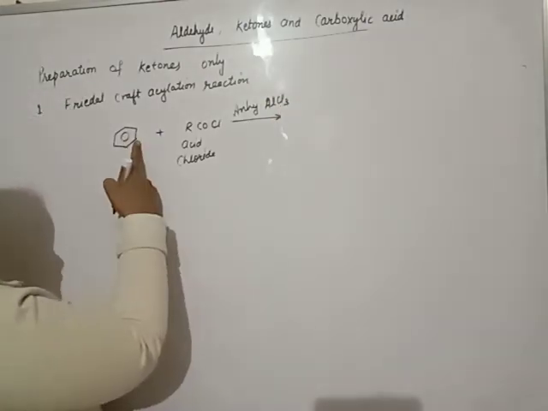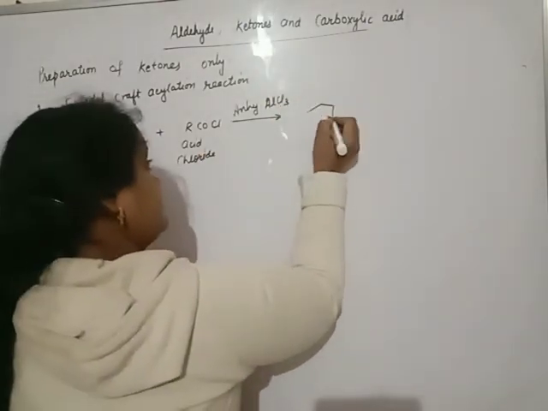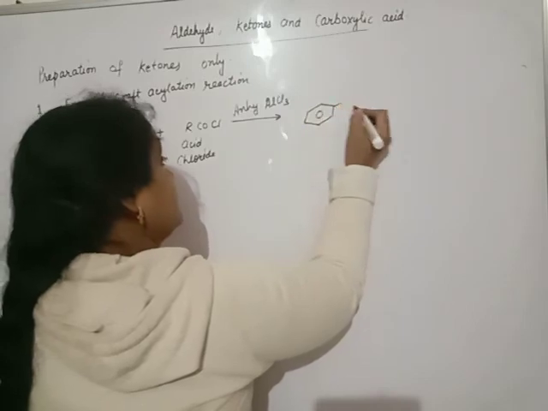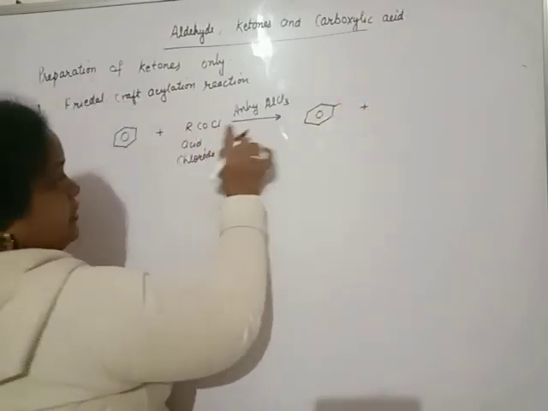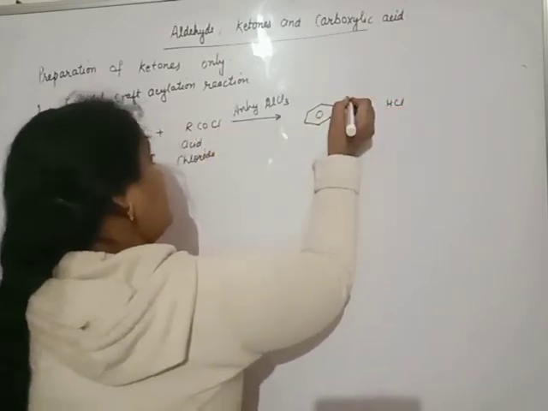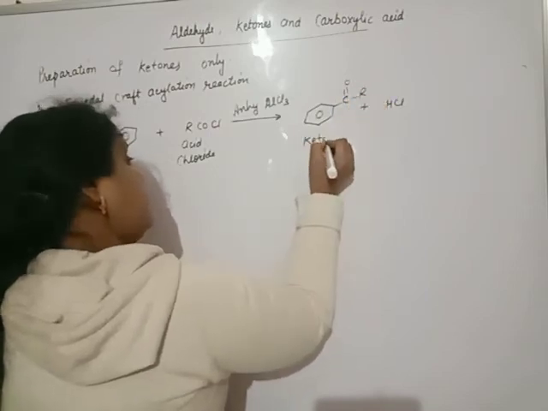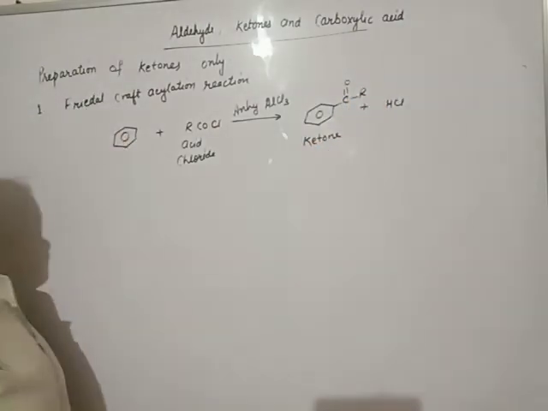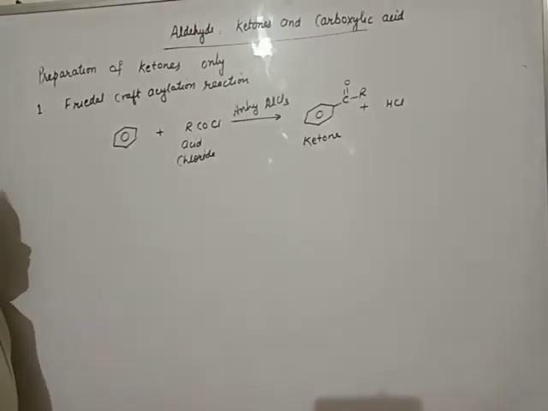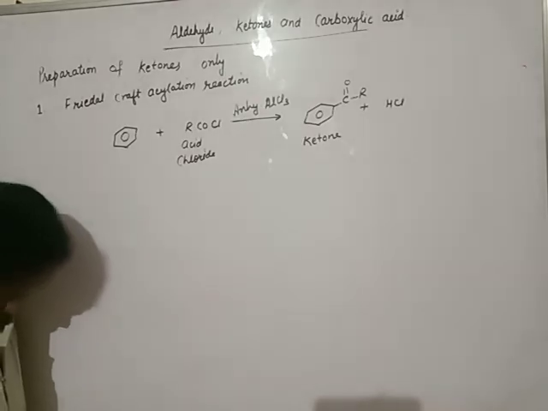Beta, one H is replaced from the benzene and this H combines with Cl and the remaining will combine, only for the preparation of ketones only. For this reaction only ketones can be prepared but not aldehyde.